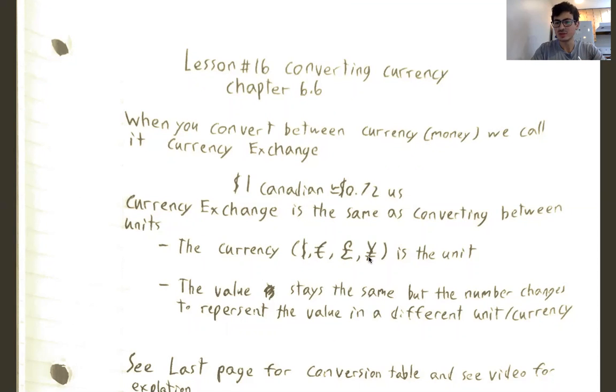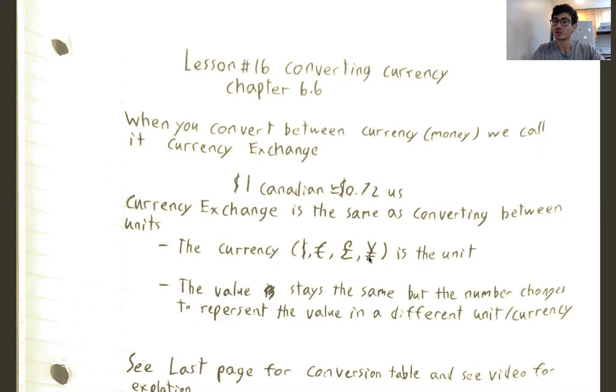Currency is a bit tricky because it changes every day. Right now, one Canadian dollar is about 0.72 US dollars, but at one point in time, the Canadian dollar was actually worth more than the US dollar. It was about one Canadian dollar equals about 1.6 US dollars. So there's not one number to remember.